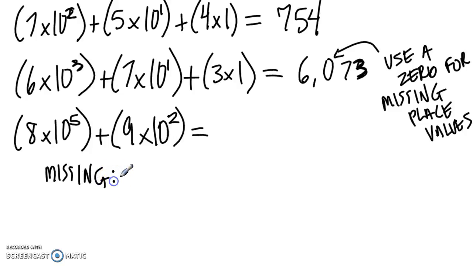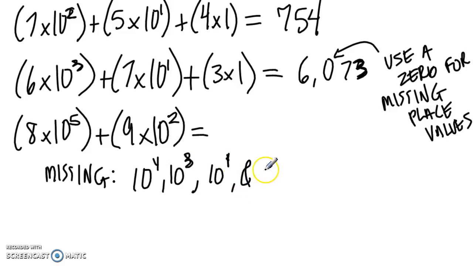We're going to have to add zeros. We're missing 10 to the 4th, 10 to the 3rd, 10 to the 1, and 1. Okay, that's all. So we need 4 zeros in there. We're at 8. We're missing these two, so use zeros there. We've got the 9 in the hundreds spot. That's it. And we've got a 0, 0.